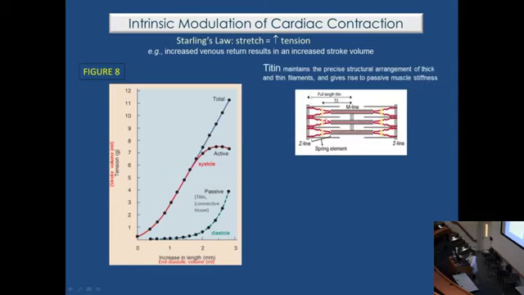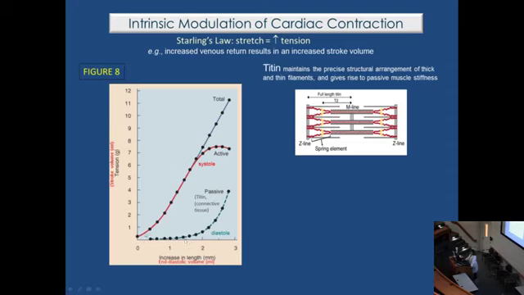Just to remind you, the titin, this structure in red, is what maintains the precise structural arrangement of the thick and the thin filaments, and in the end it is what gives the stiffness of the muscle, in connection with the connective tissue. This is a property that you want to observe in the ventricle.